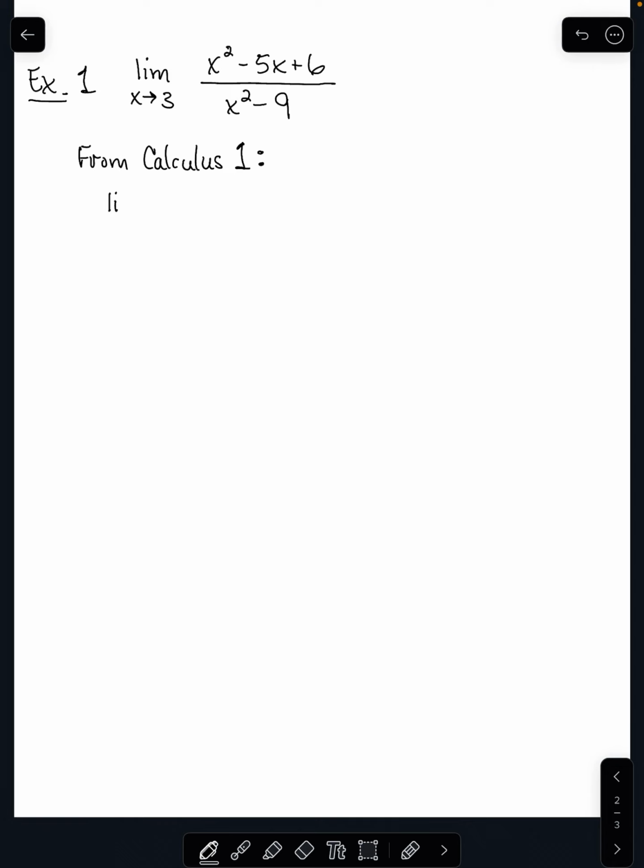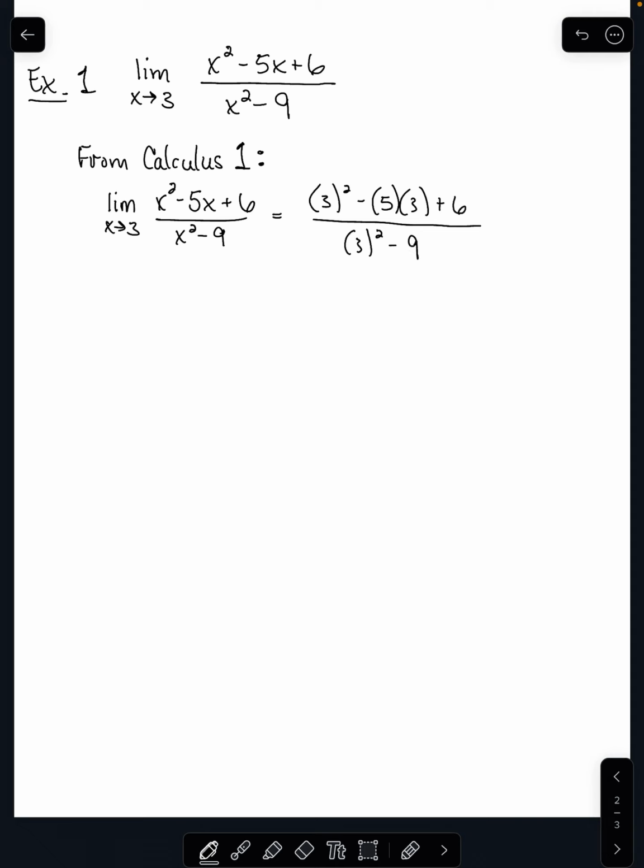We would start by evaluating the limit through direct substitution to show that such algebraic manipulation is necessary. The numerator is a continuous function, the denominator is a continuous function, so each one can separately be evaluated by direct substitution.